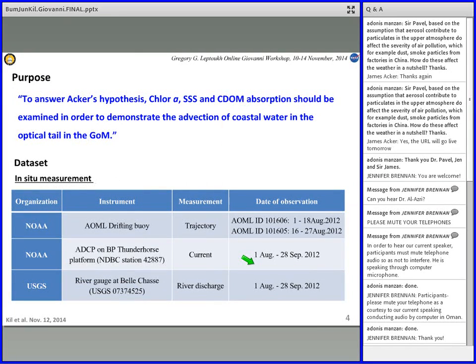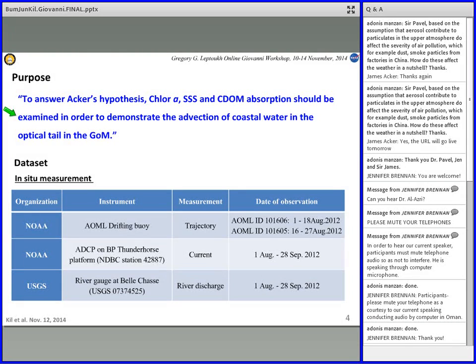Thus, the purpose of this research is to answer Ecker's hypothesis. Chlorophyll A, sea surface salinity, and CDOM absorption should be examined in order to demonstrate the advection of coastal water in the optical tail in the Gulf of Mexico.